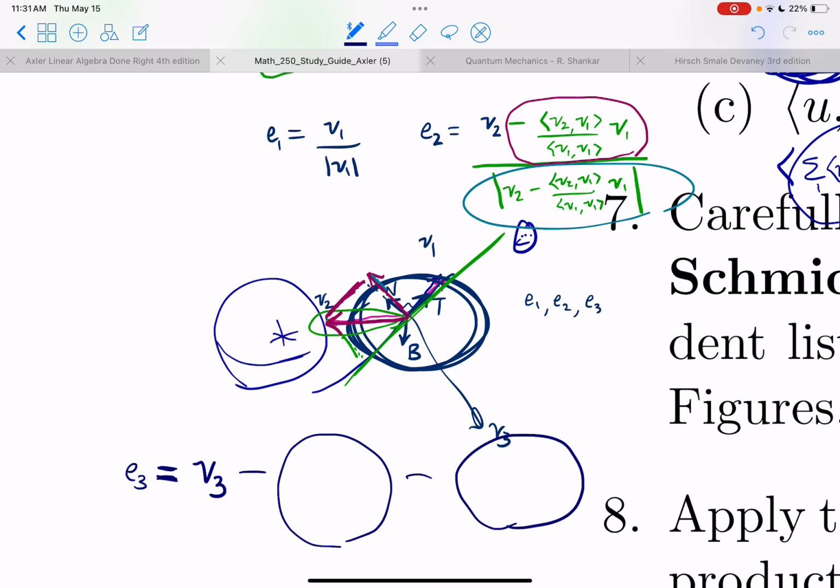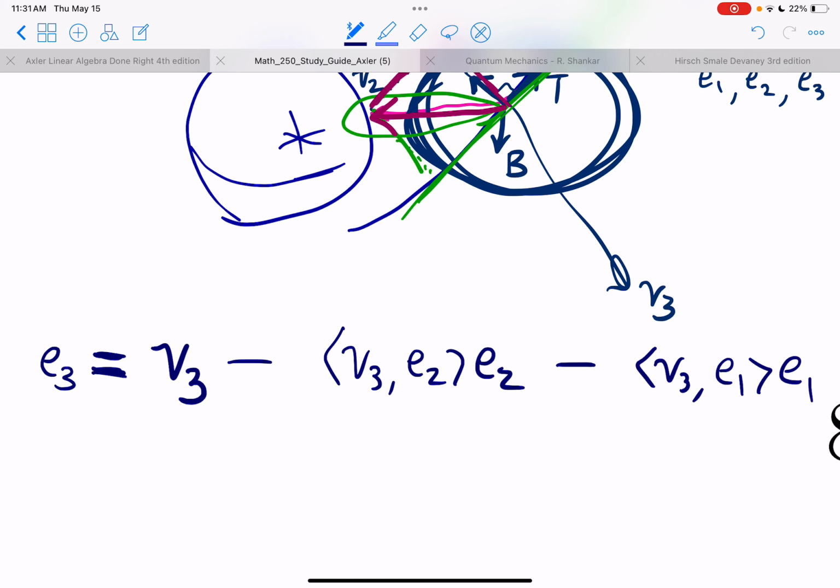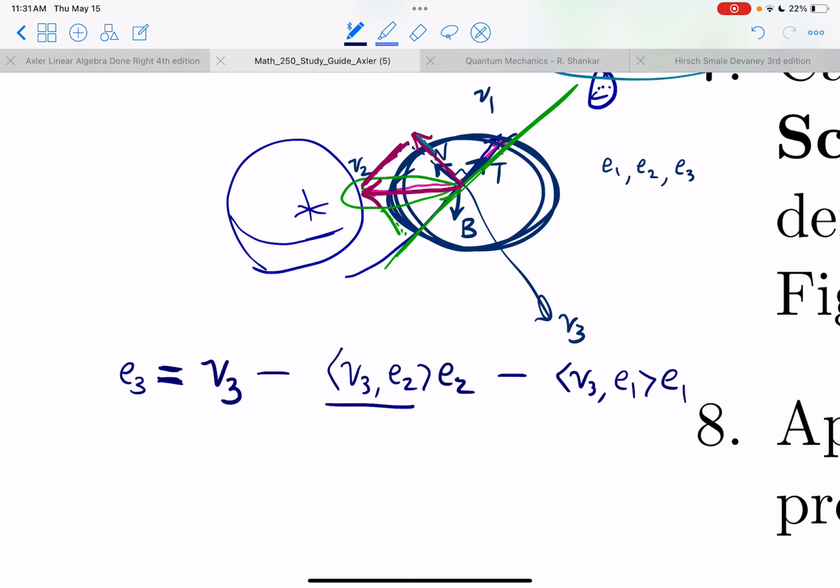Actually, let's start using the e's. So let's subtract off V3 projected onto E2, and subtract off V3 projected onto E1. So now I don't need the denominator because I've already normalized my e's, so I'm not even going to write that. And this formula is definitely correct.